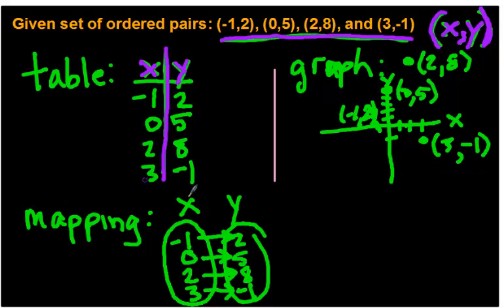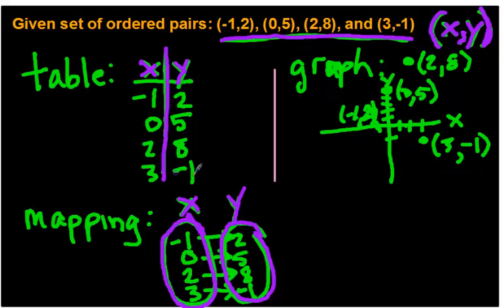Also, there is a mapping. A mapping is very similar to the table, except that it's in a bubble format, is what I like to think of it as. You've got a bubble under the x, which is usually on the left, and a bubble on the right, which is usually under the y. Notice all the values that were in your x column of your table are also in your x bubble.